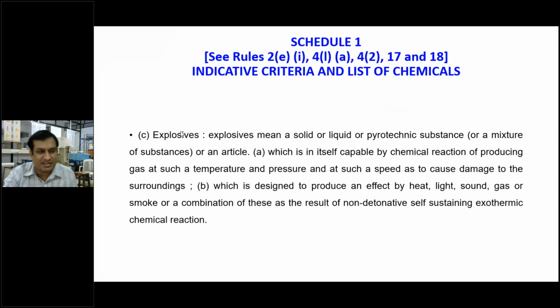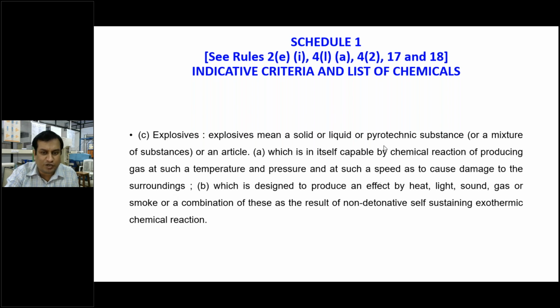Then the next category is explosive. Explosive means a solid or liquid or a pyrotechnic substance or a mixture of substances or an article which is in itself capable, by chemical reaction, of producing a gas at such a temperature and pressure and at such a speed as to cause damage to the surroundings.